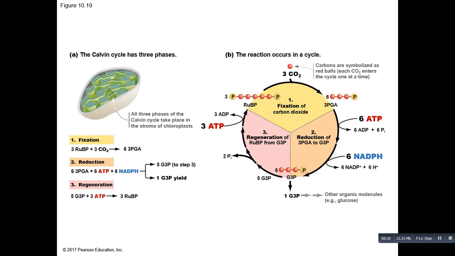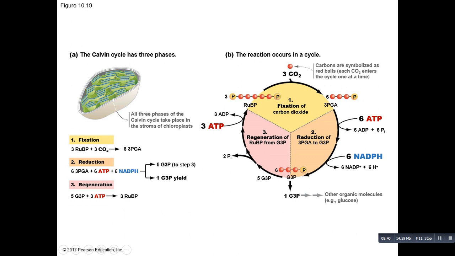We really need quite a bit of input, you're going to see over here on the right side, in order for this cycle to occur. So we have 3 carbon dioxide molecules going in to the fixation here, which results in 3 PGA molecules.